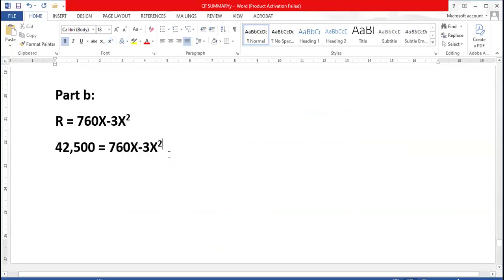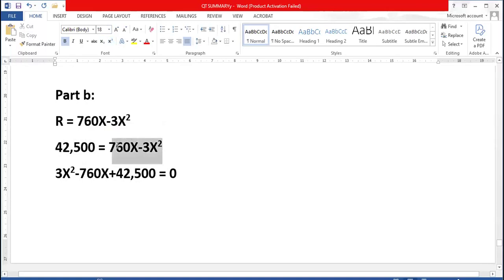So here you can reorganize. I'm taking the whole of this side: 3x squared minus 760x plus 42,500, which will be equal to 0.